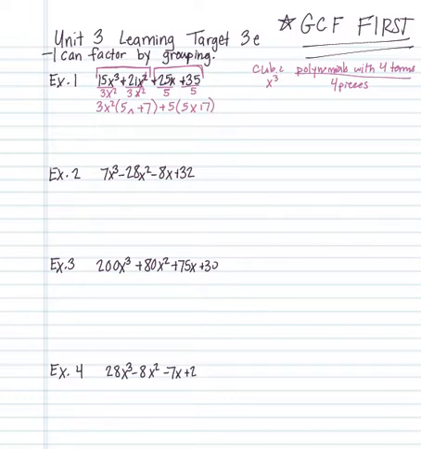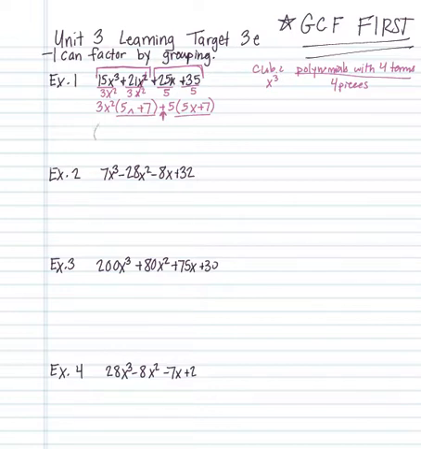So as you'll notice, now we only have 2 terms because there's only this addition sign that is separating them. In each term, they both have a 5x plus 7.